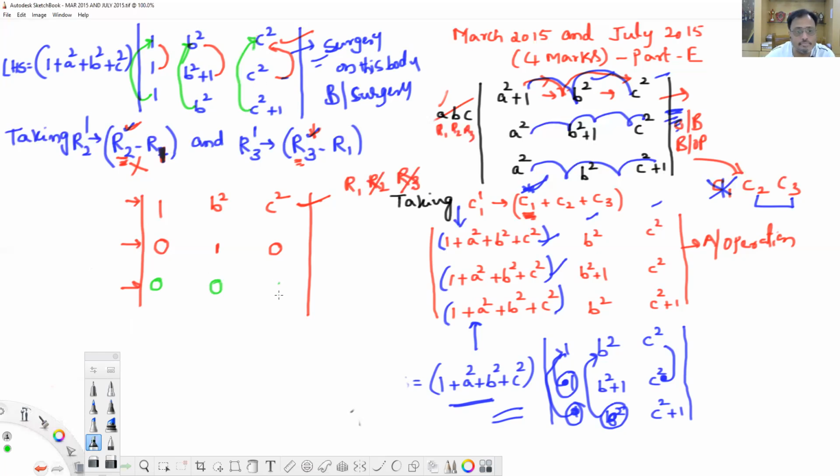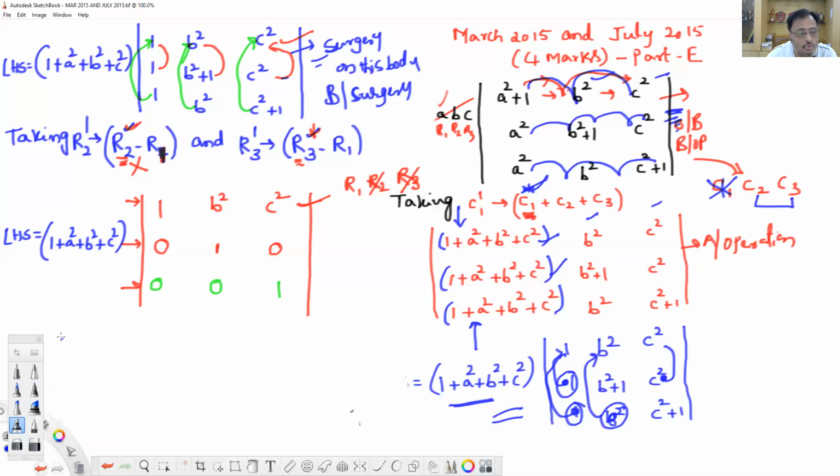But already we are aware of what we have on the LHS. LHS is equal to 1 plus A square plus B square plus C square as a common factor outside. Then the remaining determinant becomes 1, with the principal diagonal elements 1, 1, 1. Why does it become 1?